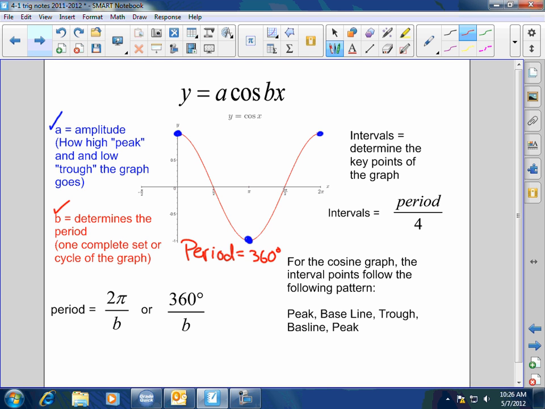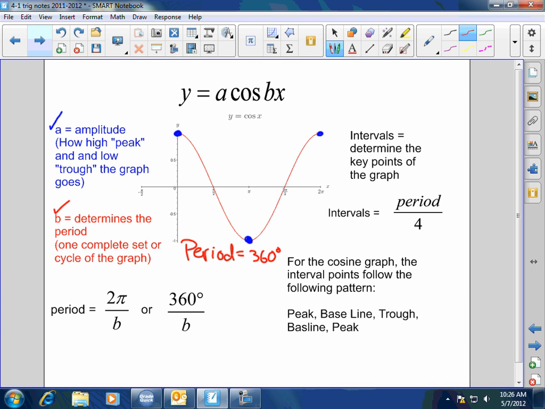Where that 360 interval is going to occur depends on the B. Remember, guys, I can go from negative 90 to 270. That's still 360 degrees. I could go from negative 360 to 0. That's still 360 degrees. Okay? The period doesn't change. It's the location of the period. And the location of the period is determined by the B, 2 pi over B or 360 over B.